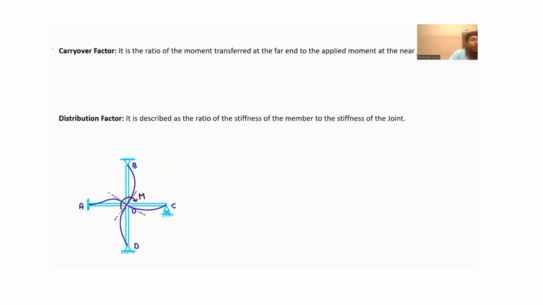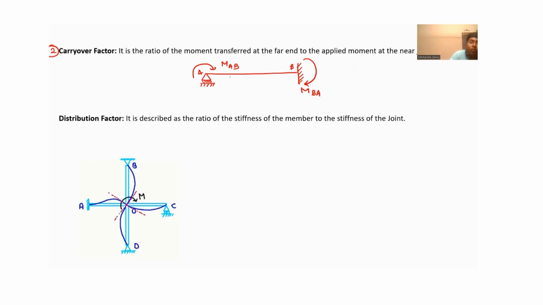So our next concept is the carryover factor. Carryover factor is defined as the ratio of movement transferred at the far end to the applied movement at the near end. Suppose I am doing it for this type of beam. This is A, this is B, this is MAB, and you got MBA here.